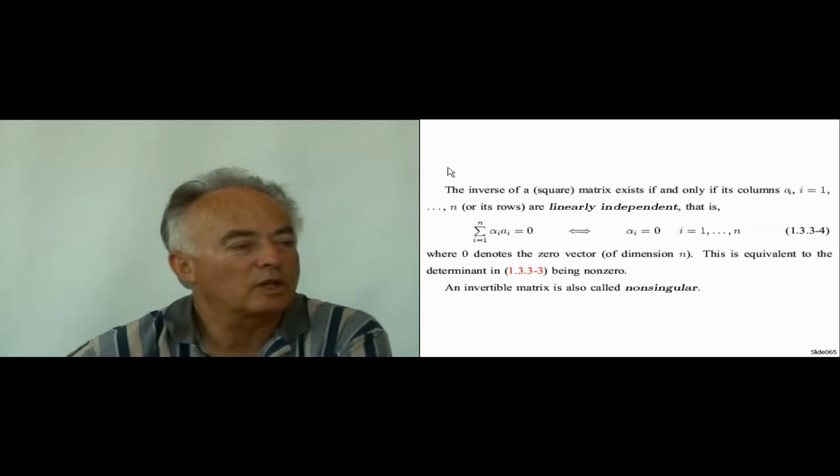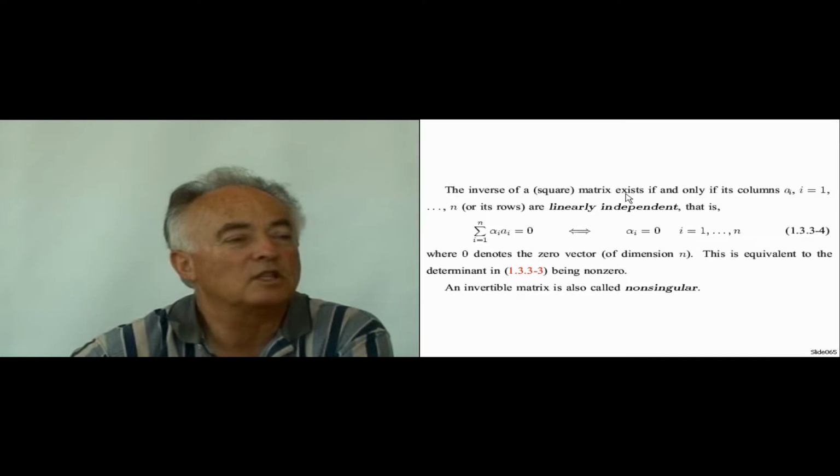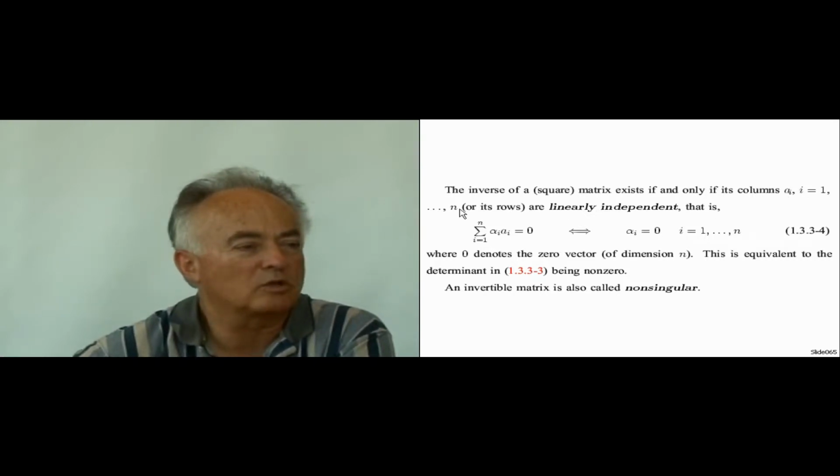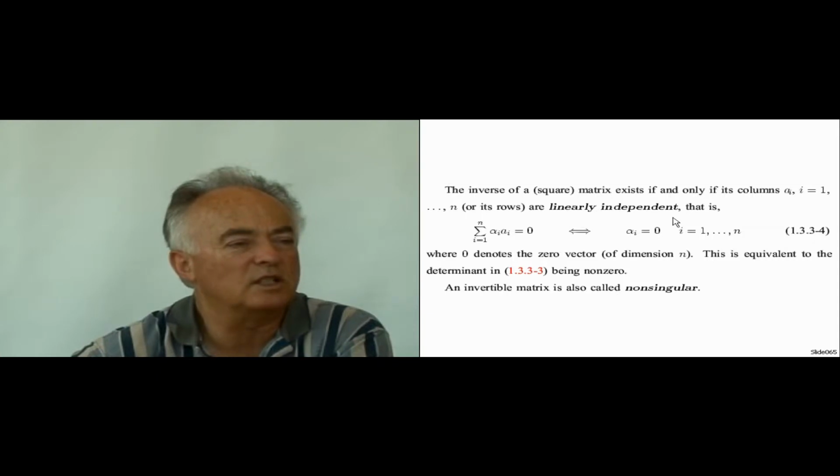Now, there is a connection between the inverse of a square matrix and the concept of linear independence. The inverse of a square matrix exists if and only if its columns a_i, there are n such columns, each being an n-dimensional vector, are all linearly independent.